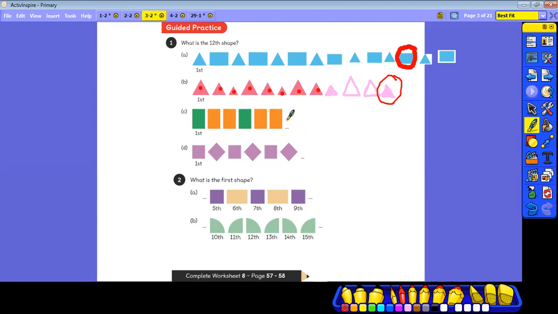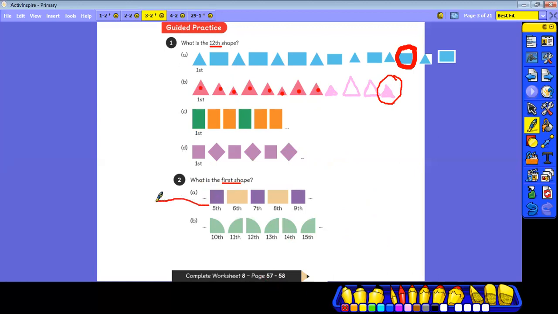And it might be drawing them, or we might be able to work it out in our head if we know our table facts. Okay, so I think this is a little bit more challenging than yesterday's work. So if you don't get on to worksheet 8, pages 57 and 58, don't worry, okay? Because you're going to be drawing and manipulating all these shapes to figure out here the 12th shape and here the first shape.